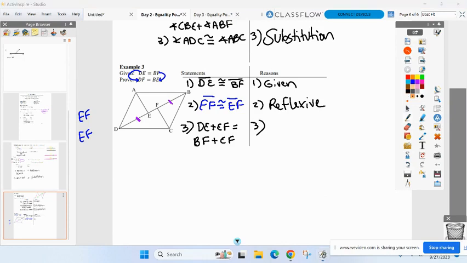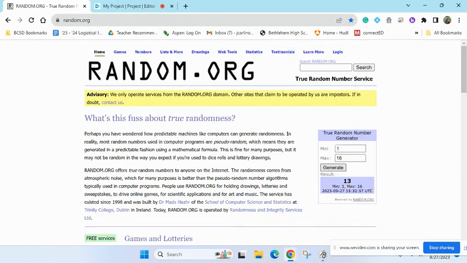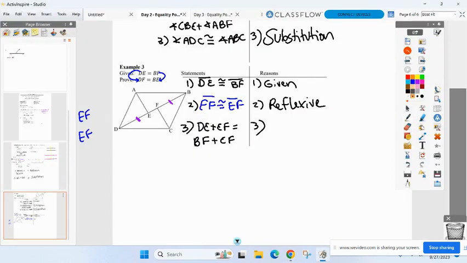What's my reason here for number 3? Why can I do that there? This is a pattern you can establish: anytime I write the word addition, automatically the next step will be substitution.